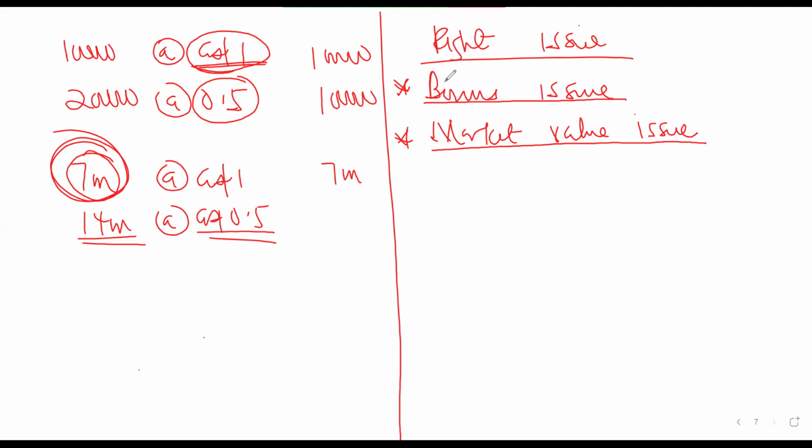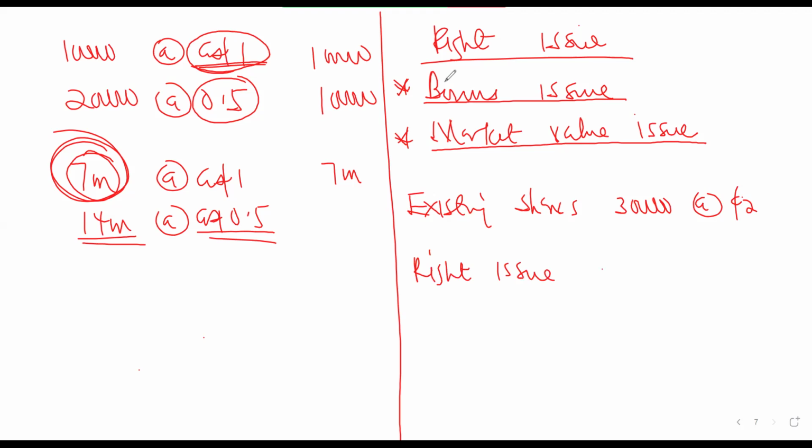Okay, let's come here. We have existing shares, which is currently 300,000 shares trading at 2 cedis each. Now we have done a rights issue. For the rights issue, they will give you the proportion.